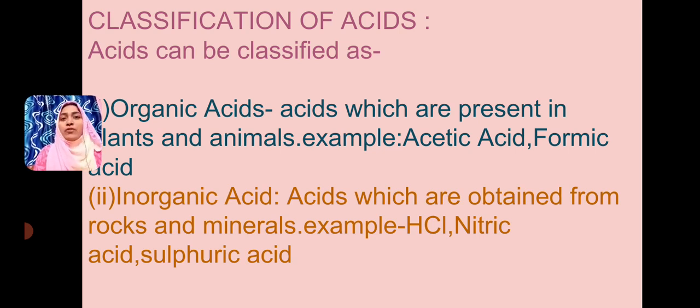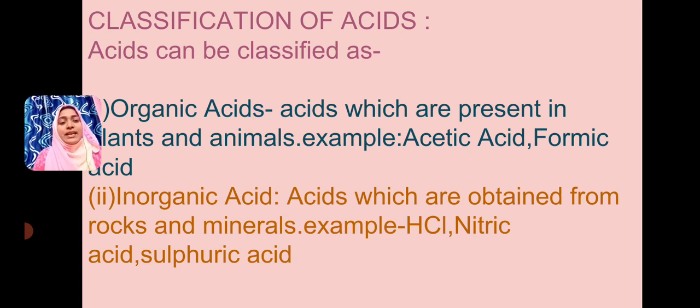Where do we find formic acid? You might have seen somebody stung by an ant, and we get itching on the skin. The ant itself produces formic acid to defend itself from other animals. So, it is called formic acid. Acetic acid I have told you earlier.